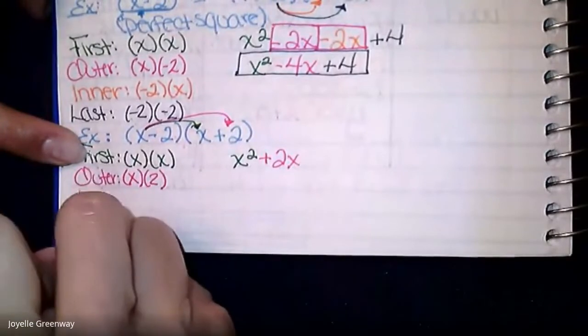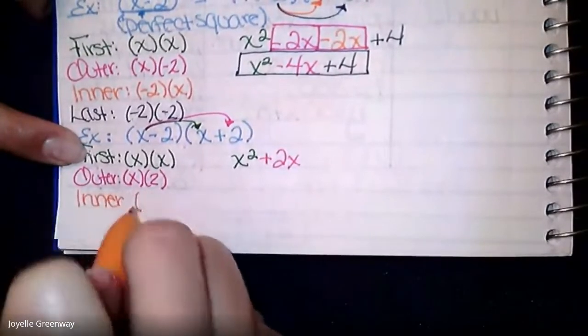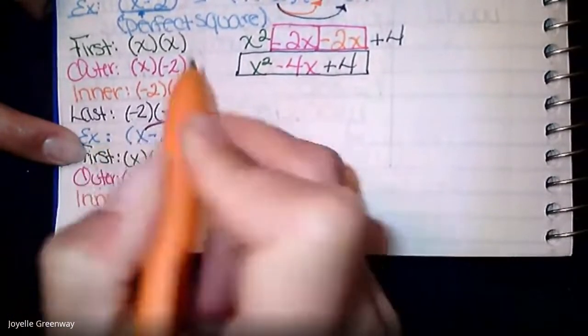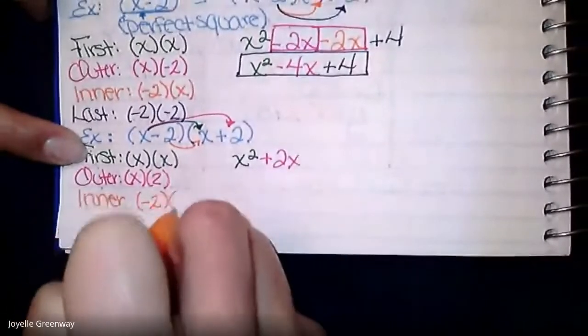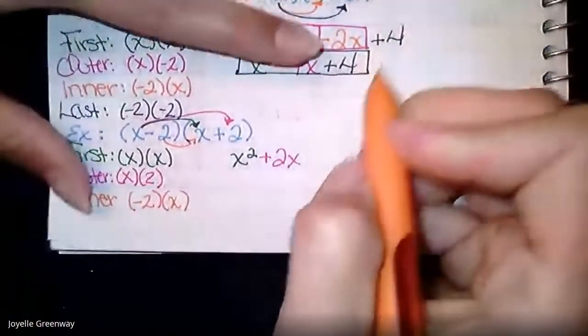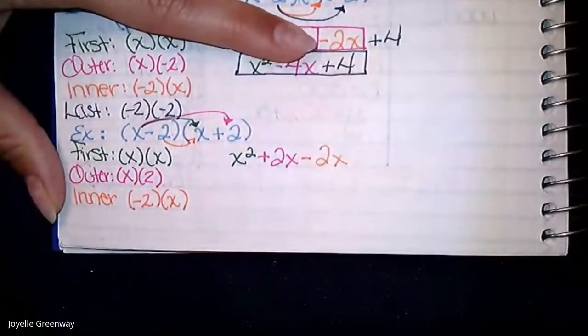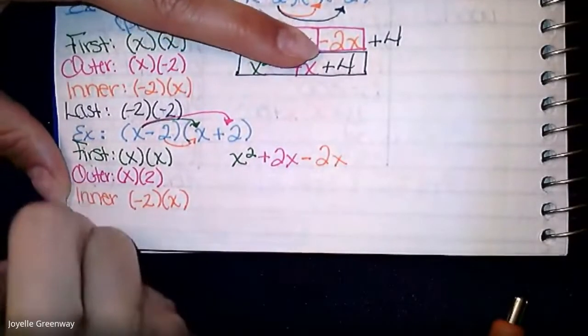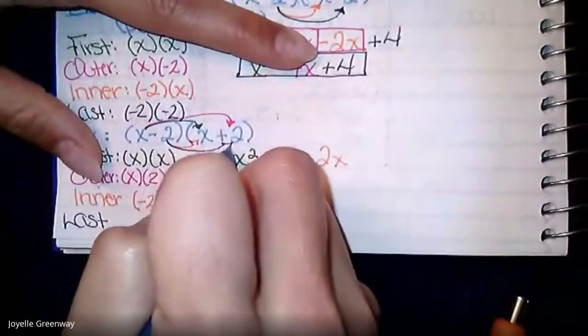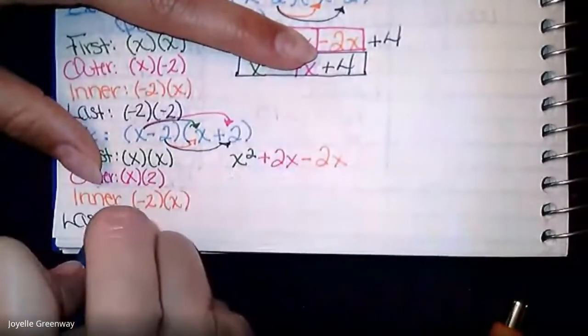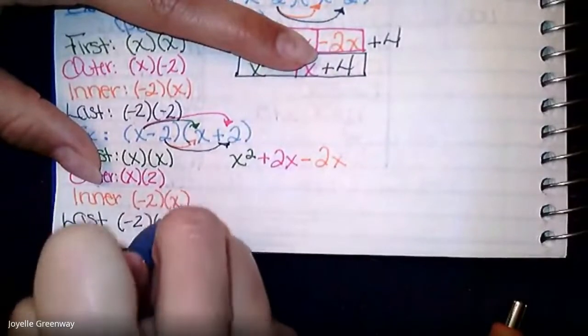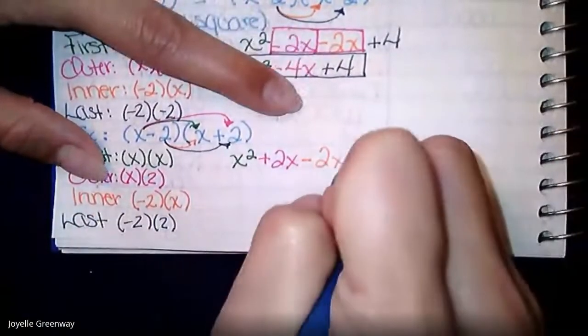Then I have my inner, which is negative 2 times x, which is negative 2x. And then I have my last, which is negative 2 times 2, which is negative 4.